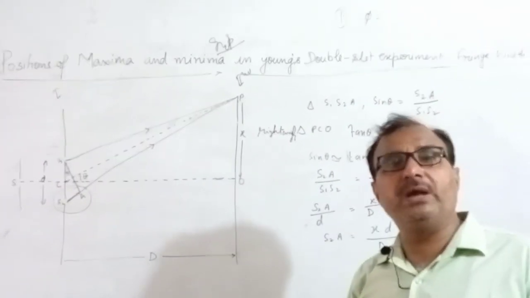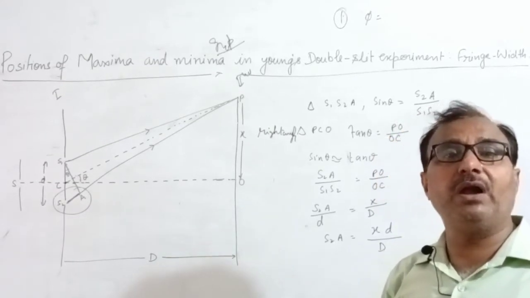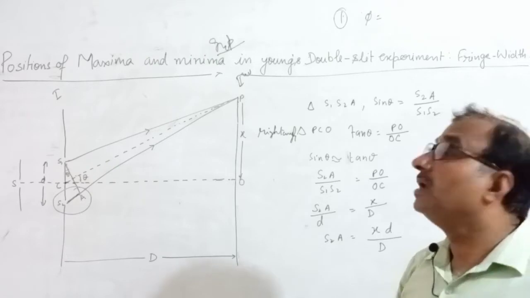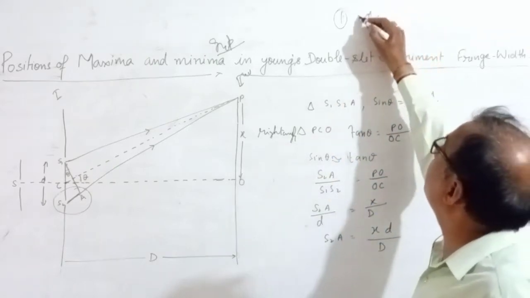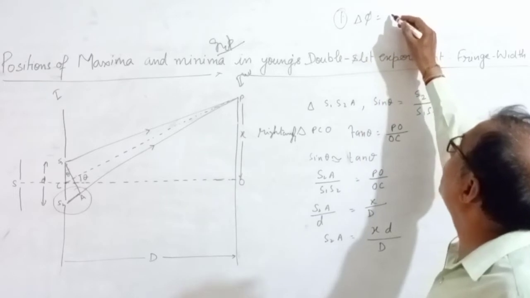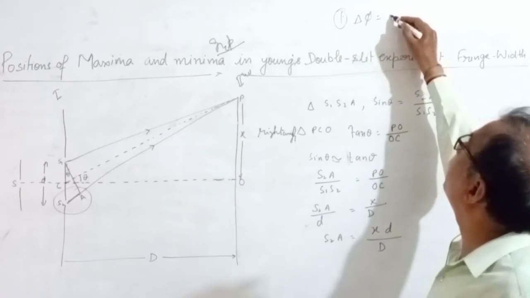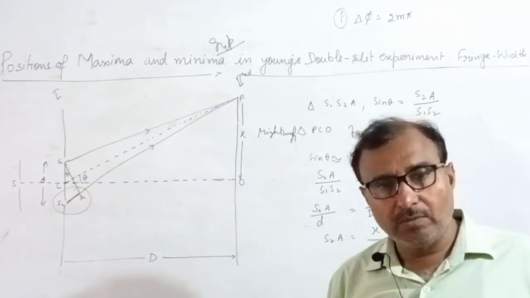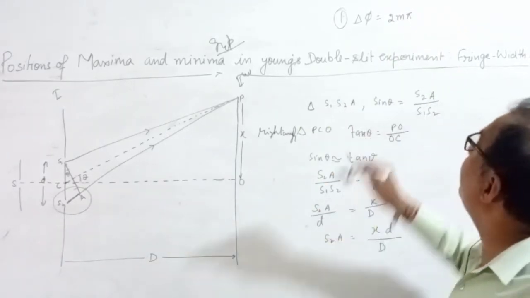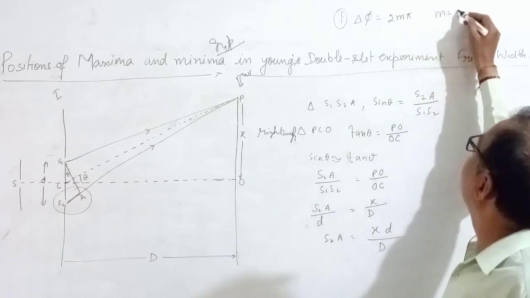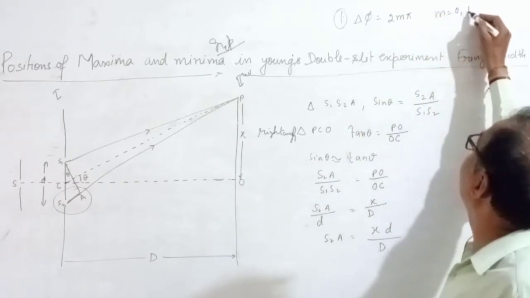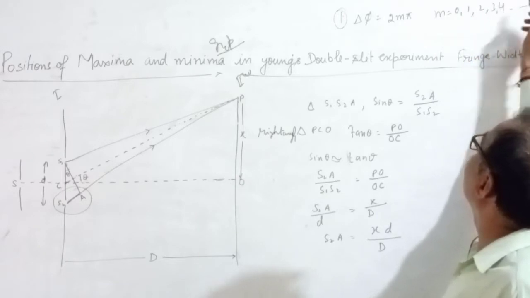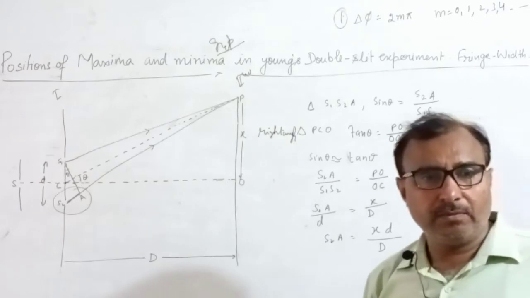Phase difference between two waves should be 0 or even multiple of pi. The general formula for phase difference delta phi equals what? 2m pi. What is m equal to? m equal to 0, 1, 2, 3, 4. This is the value of m.